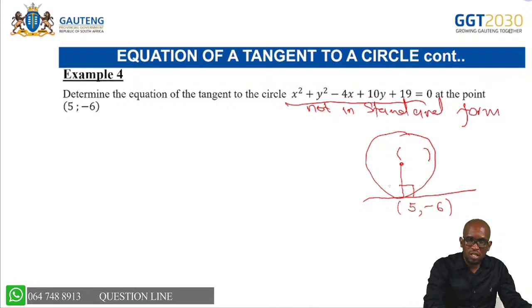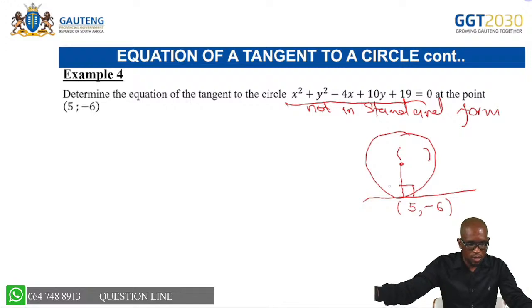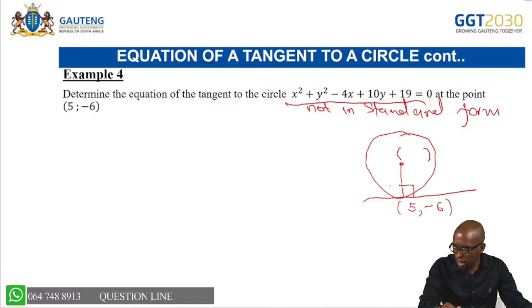Now, since the equation is not in standard form, we need to first write the equation in standard form, and after writing it in standard form, we'll be able to determine the center, which will then lead us to the gradient of that particular radius. Right. Now, what we're going to do is complete the square to write down the equation in standard form.